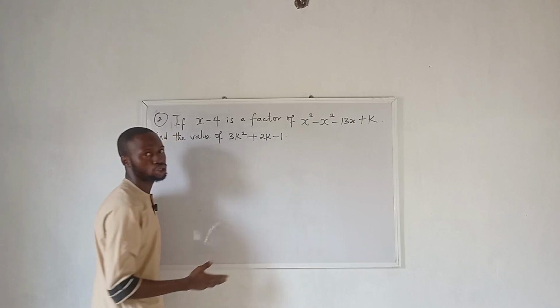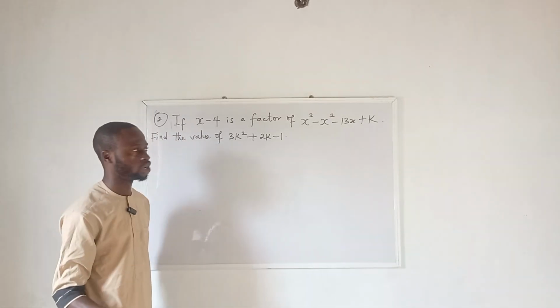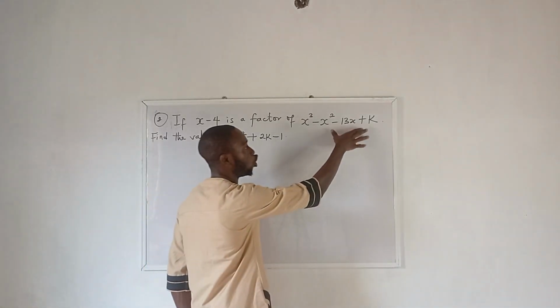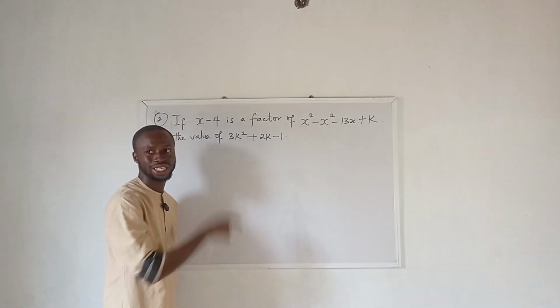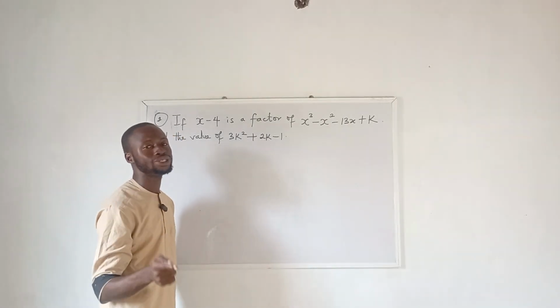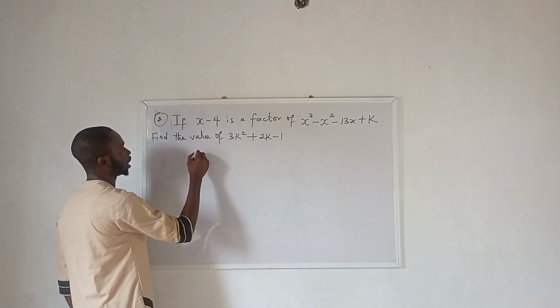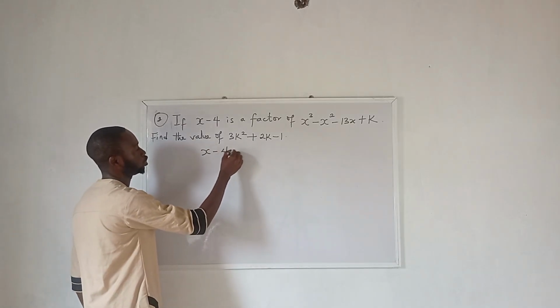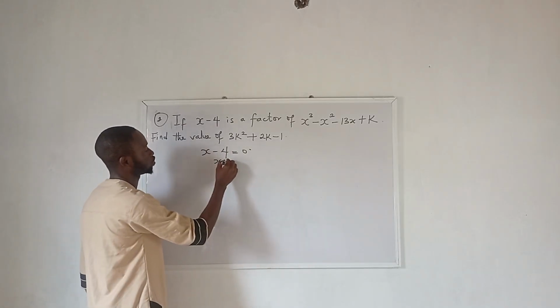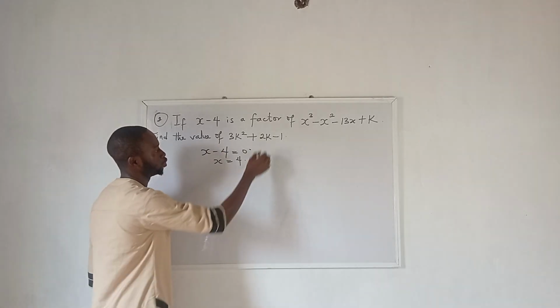But in this particular question, we are not asked to find the remainder. We are asked to find the unknown, the variable in the polynomial. So what we could do is use the same remainder theorem. We equate x minus 4 equals 0 first. Then x minus 4 equals 0 gives x equals 4.